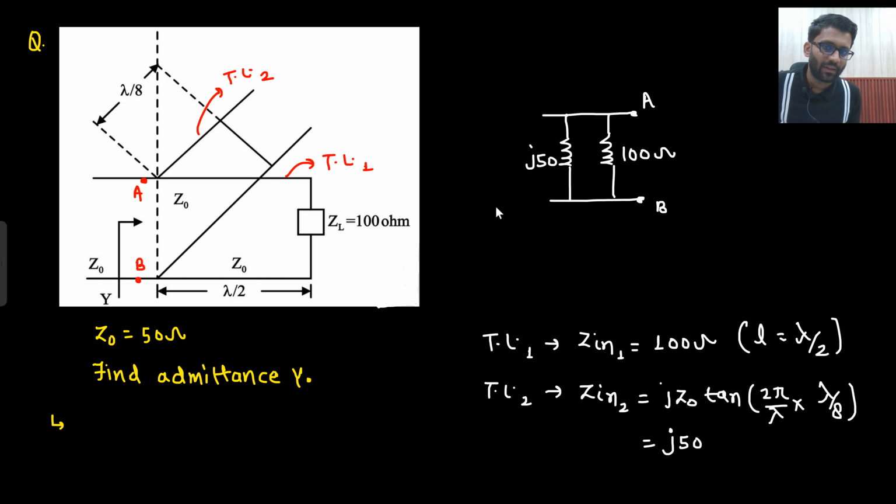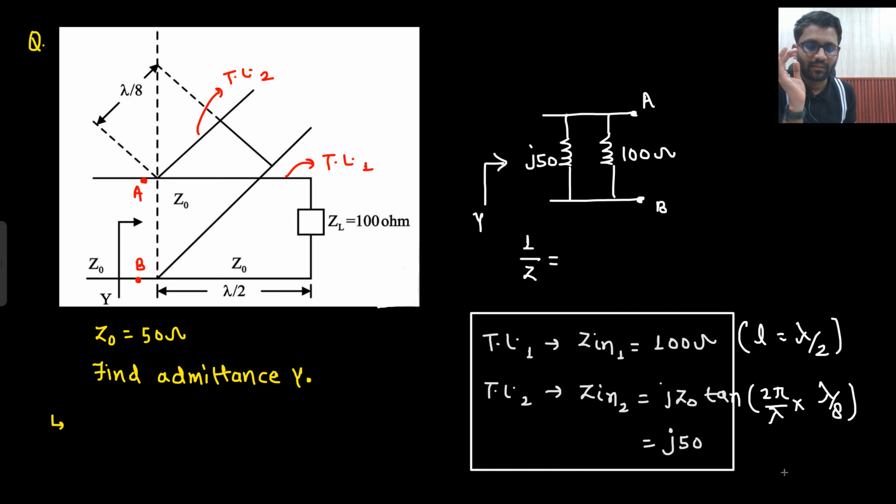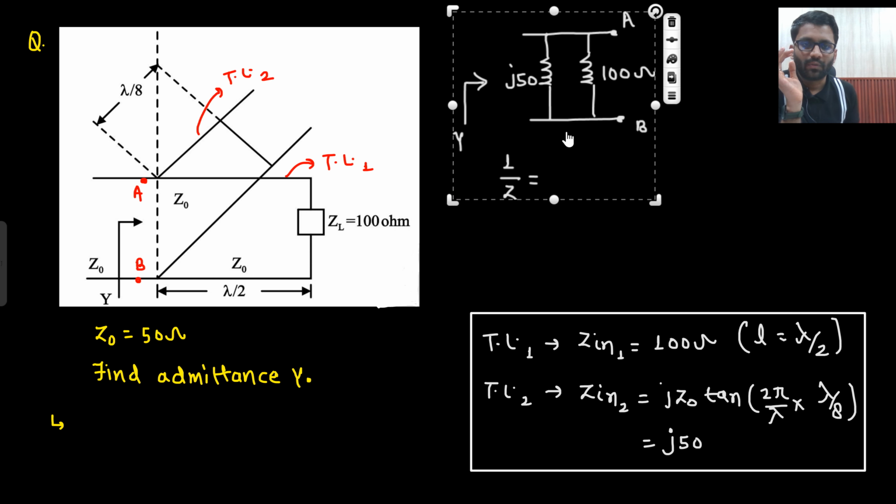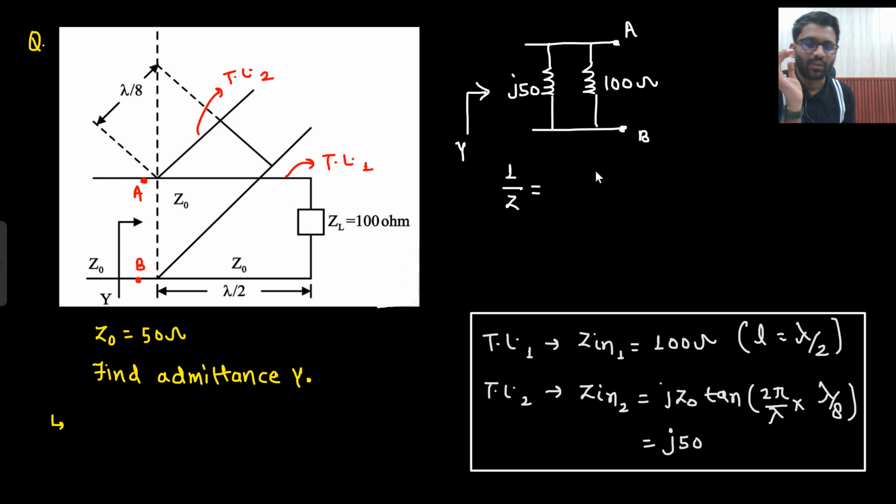Now from here I need to find the admittance. Can you write down the 1 by Z value? This is a separate thing. So your 1 by Z is equal to 1 by j50 plus 1 by 100, right?